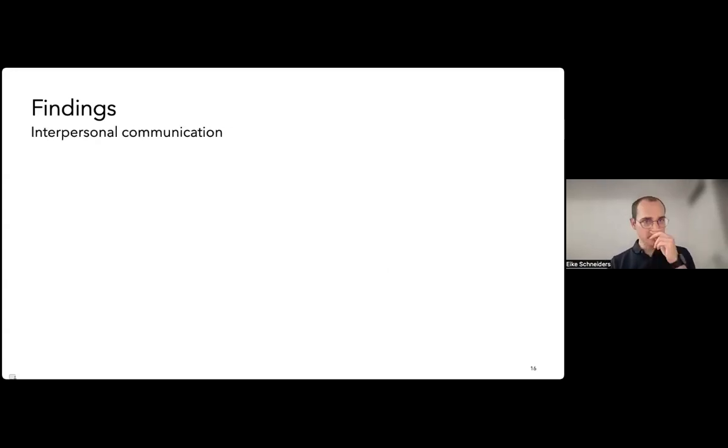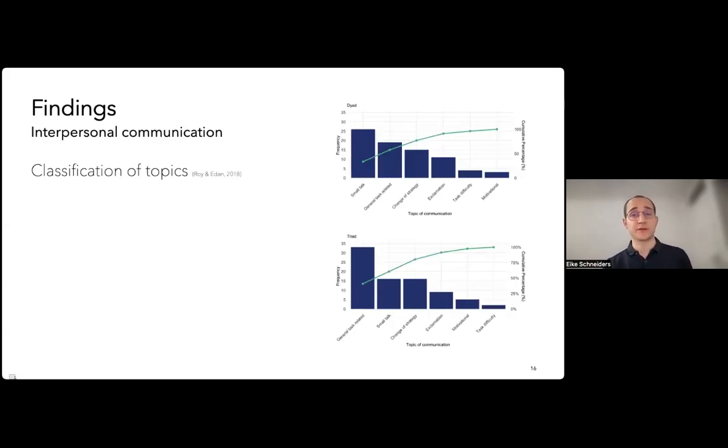So next, inspired by Roy and Edan's study, we investigated the nature of conversation between participants, or the interpersonal communication. Did the conversation or the topics of conversation change in any meaningful way between conditions? To do so, we looked through all videos and classified each conversational topic into one of 6 emergent categories. We did this for both the dyads as well as the triads, resulting in the Pareto diagrams shown here.